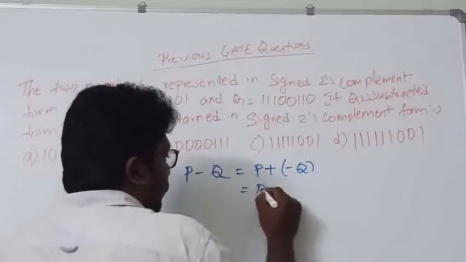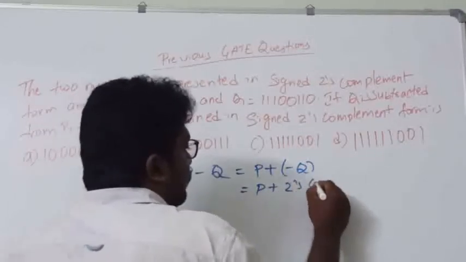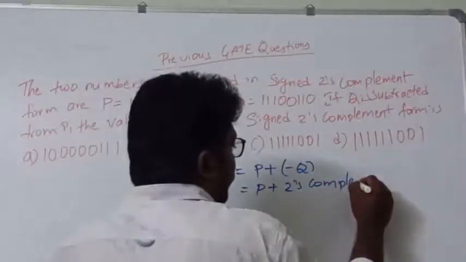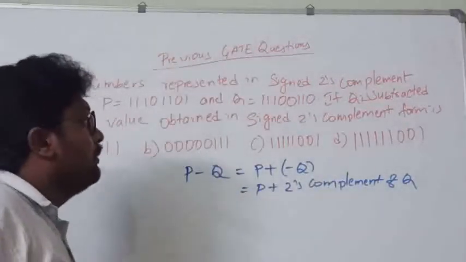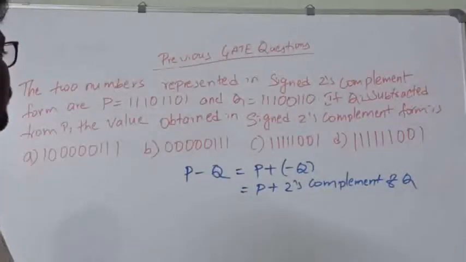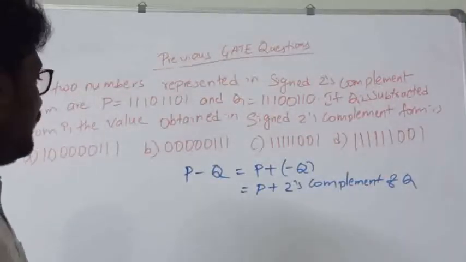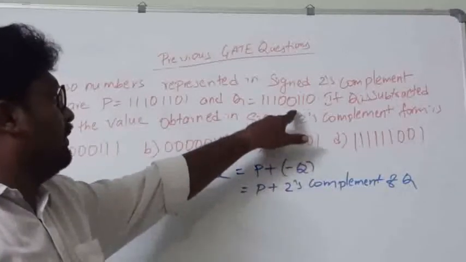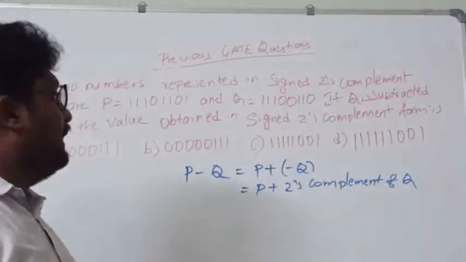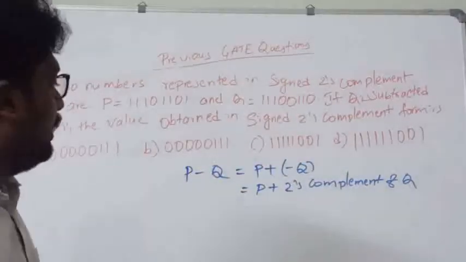So this minus of Q is nothing but the 2's complement of Q, right? So if we add the P value and the 2's complement of the Q value, then we will get the answer for P minus Q, right?